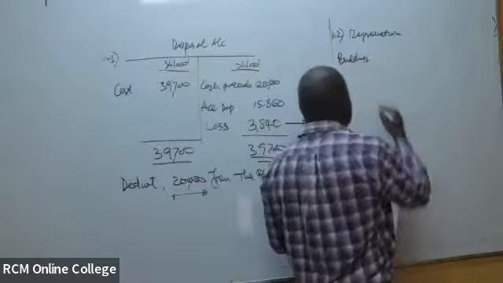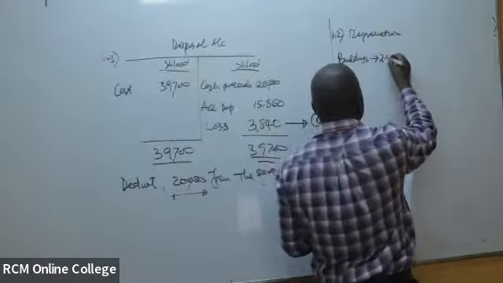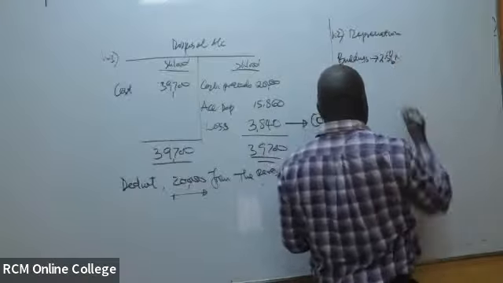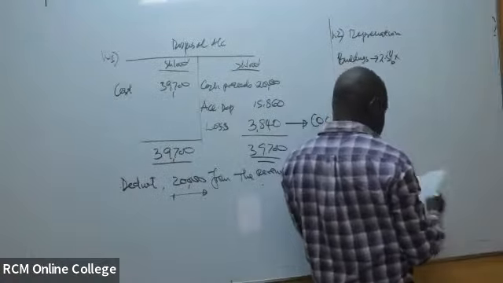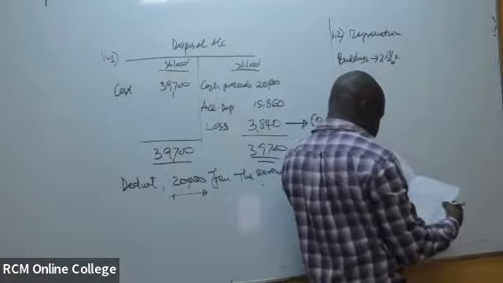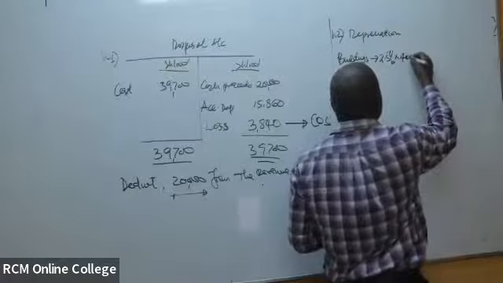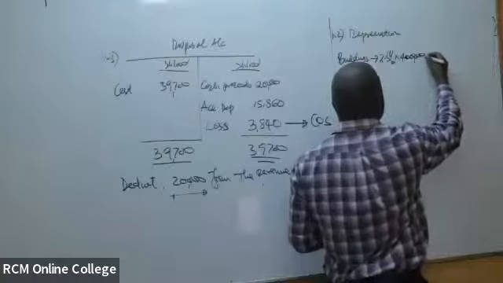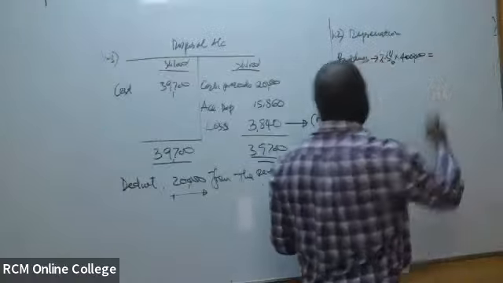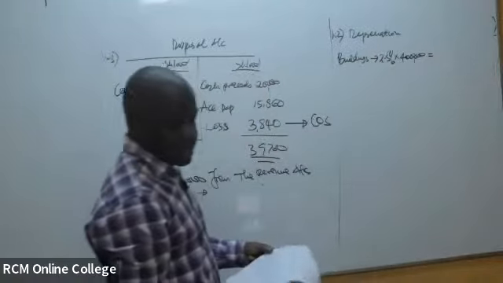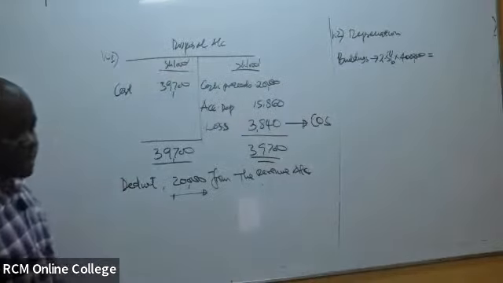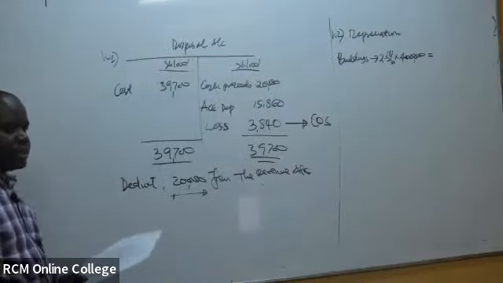What they mean by this is you basically take 2.5% and multiply by the cost. So the cost of the buildings is 400 million. So you should be able to get, in this case, depreciation for the year.